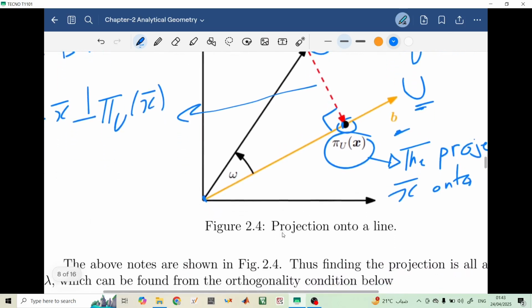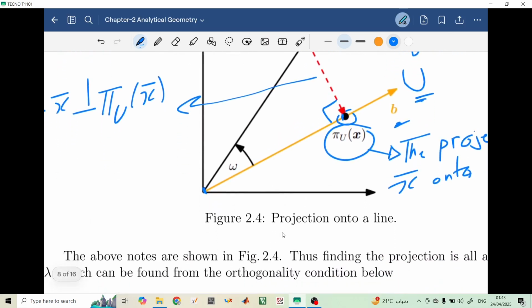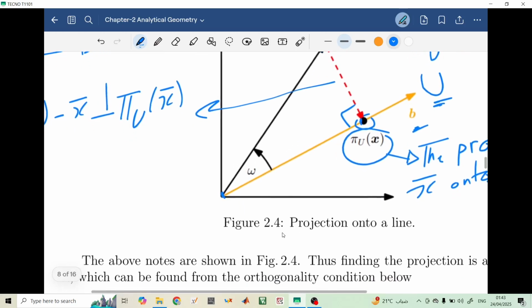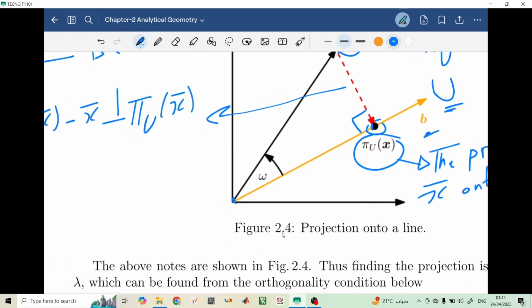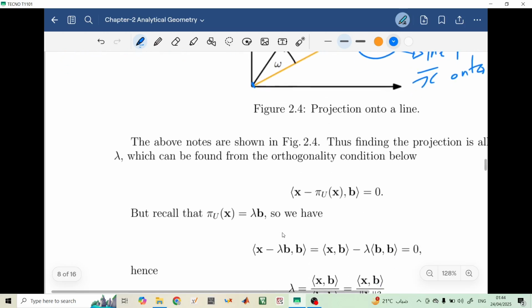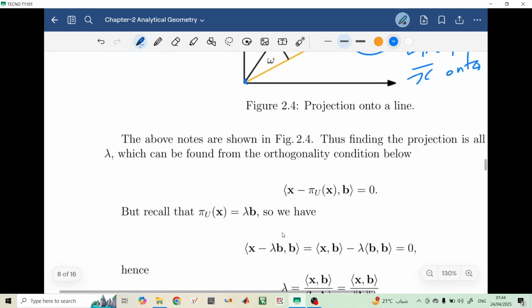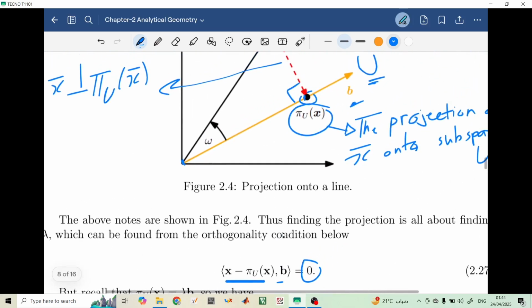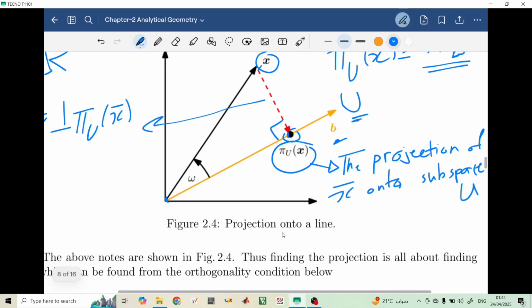Fine. So let's return back to our simple example. The way that we find this unknown lambda is saying, okay, we know that the inner product of the complement with the basis vector equals 0. Why? Because this difference is perpendicular to the basis vector, meaning that if we take the inner product, it is 0.